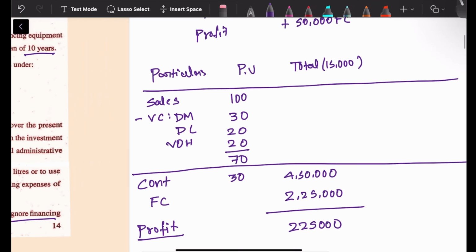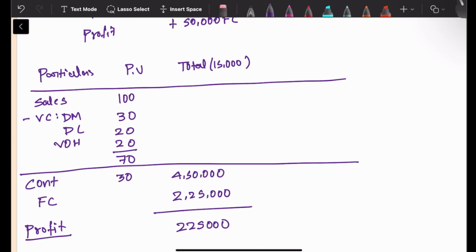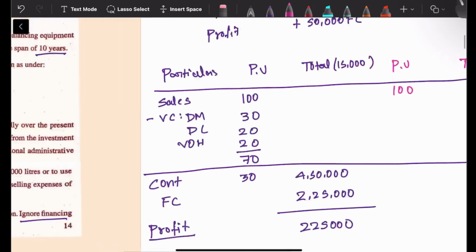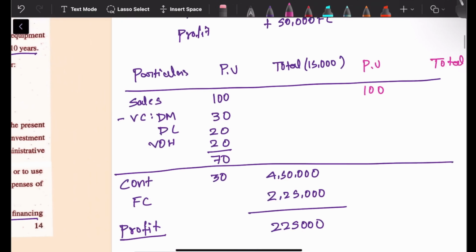So now I will calculate with escalation. My sales is currently at 100 only. Total 15,000. I'm still calculating with escalation because my direct material is going up by 10%. So 30 into 1.1, my variable direct material is 33. And direct labor is going up by 25%. So 20 into 1.25, 25. And variable overhead is 20.